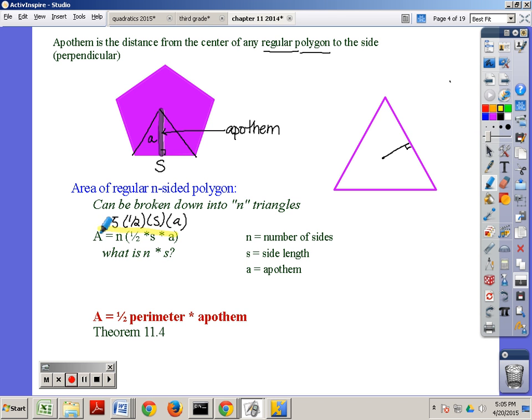If you look at this formula here for the area, and you pull out n times s. Well, n times s is the number of sides, like in my case here, it's 5 times s. So n times s is simply the perimeter.